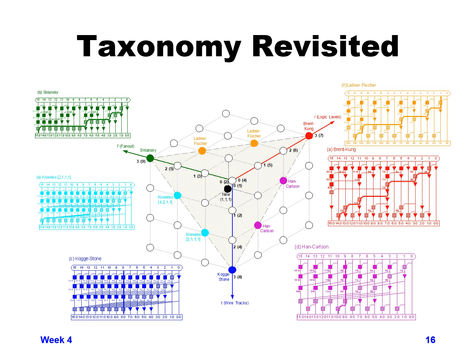Revisiting our taxonomy chart that we had seen previously, you can see that all of the different designs are shown here and how they are balancing between each other. So again, the Sklansky design is giving us maximum fan out and minimum logic levels, minimum wire tracks.